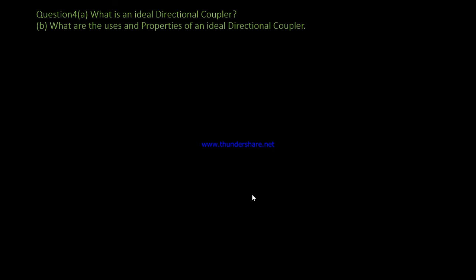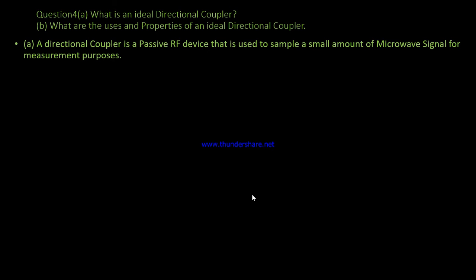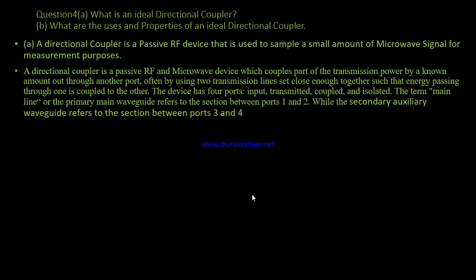Question 4. What is an ideal directional coupler? And the B part says, what are the uses and properties of an ideal directional coupler? So, solution to A. A directional coupler is a passive RF device that is used to sample a small amount of microwave signal for measurement purposes.